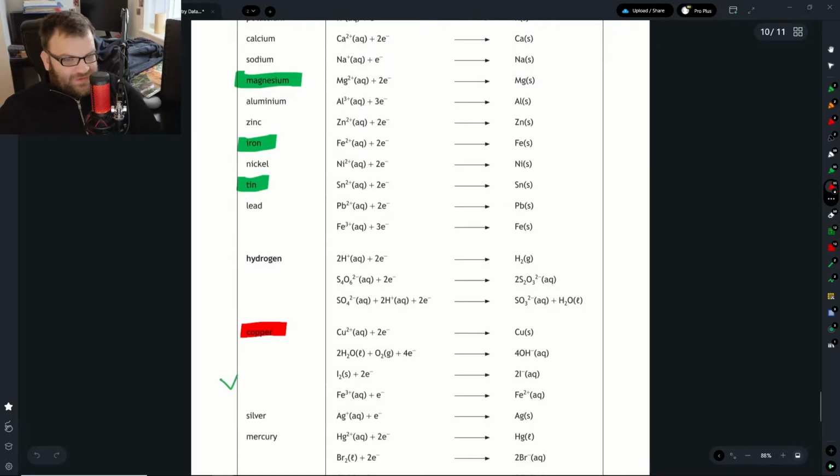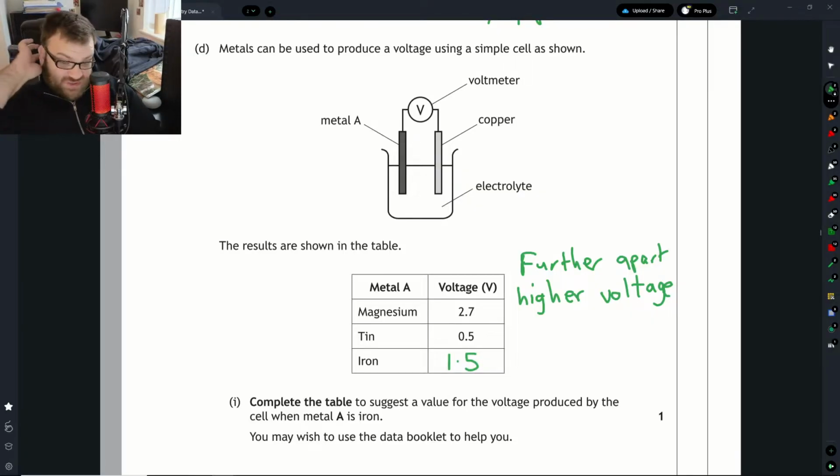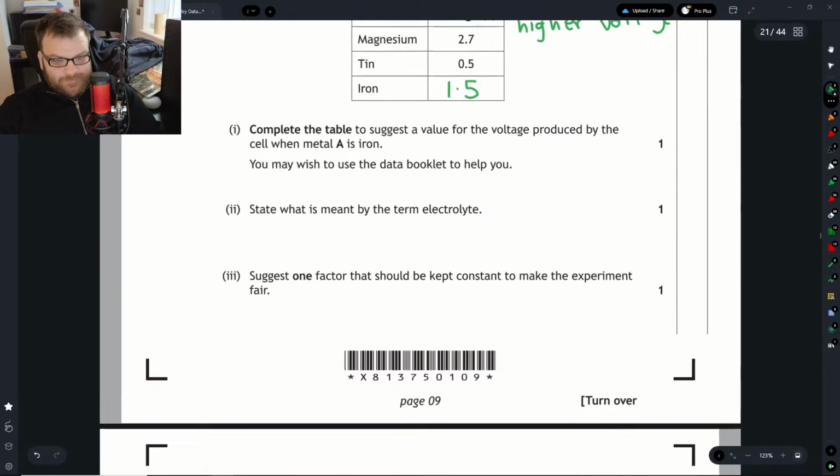We are asked about iron. Iron is midway between the two of them. So we're looking for any number that's bigger than 0.5 but lower than 2.7, something halfway between them. So just, the further apart, the bigger the voltage, and that gets you there.